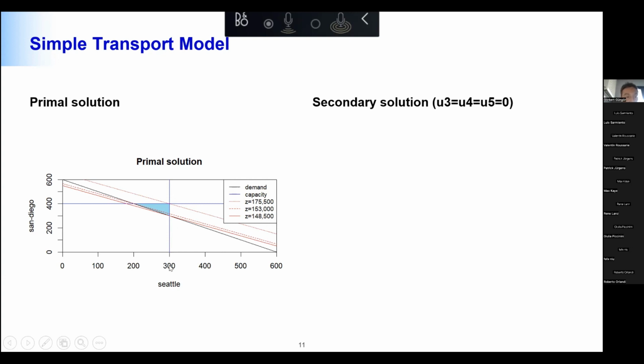We can see that this is at the point where the transport amount from Seattle is 300 canisters, and the transport amount from San Diego is also 300 canisters. This is the first solution we obtained. This is a trivial solution because it provides the minimum cost for this transaction.